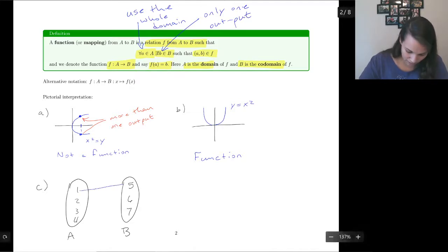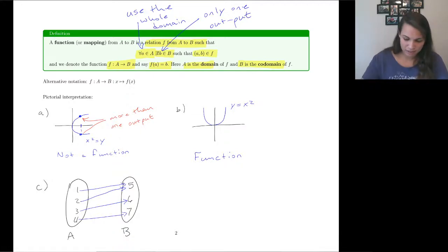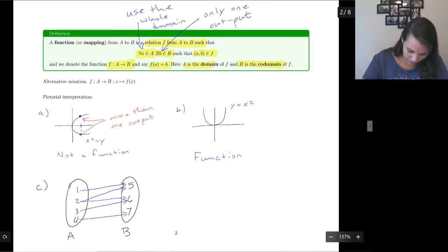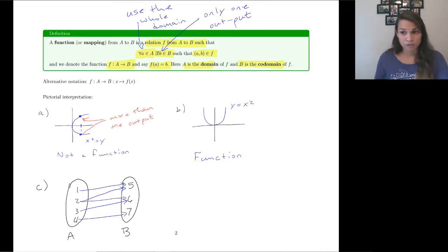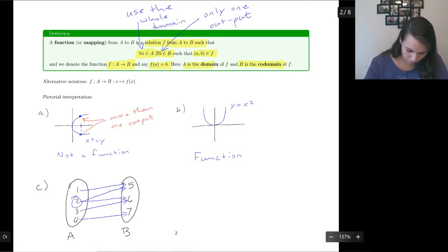So if 1 goes to 5, and we'll say that 2 goes to 5, 3 goes to 6, and 4 goes to 7, this is okay. We have 2 things going to 5, but something that would make it not okay is saying 2 goes to 5 and 2 goes to 6. So now 2 is going multiple places. So again, not a function.